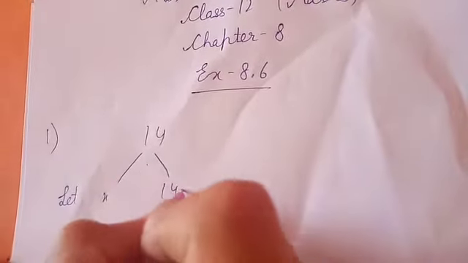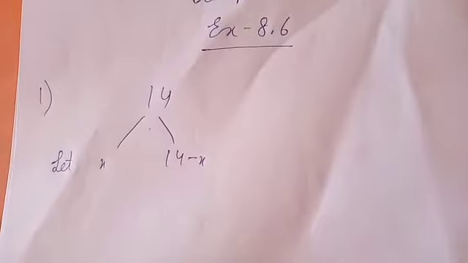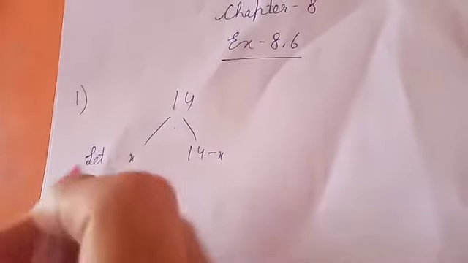So, we have to divide 14 into two parts. We can assume that one is x and another is 14 minus x, and the sum of their squares should be minimum. I can assume S as their sum.